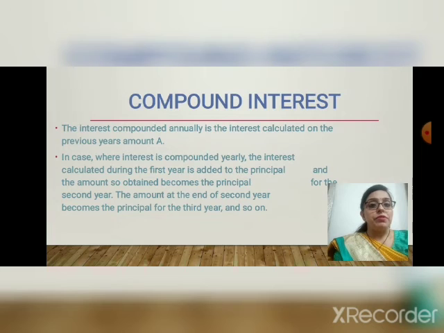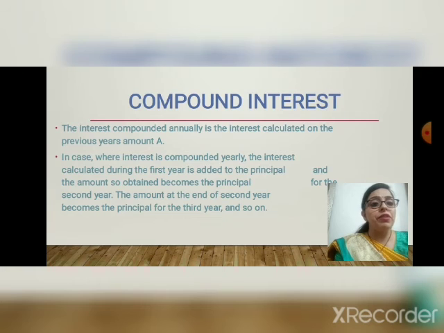Next is compound interest. Interest compounded annually is the interest calculated on the previous year's amount. The previous year's amount includes the principal plus interest.